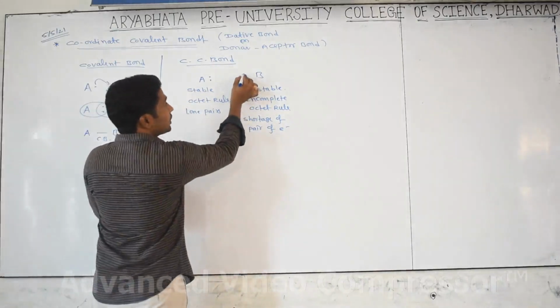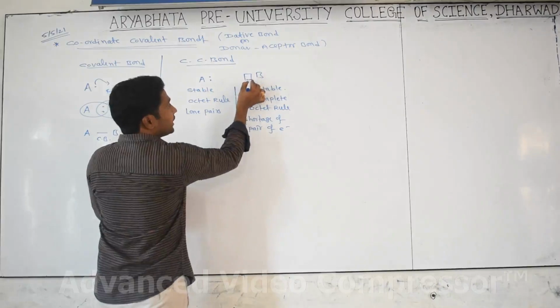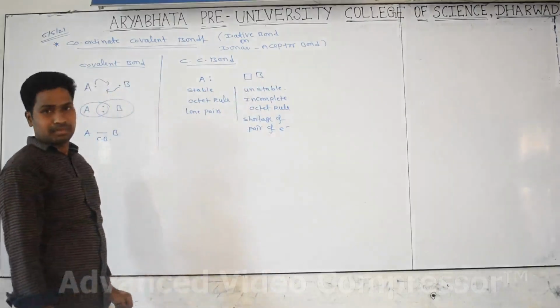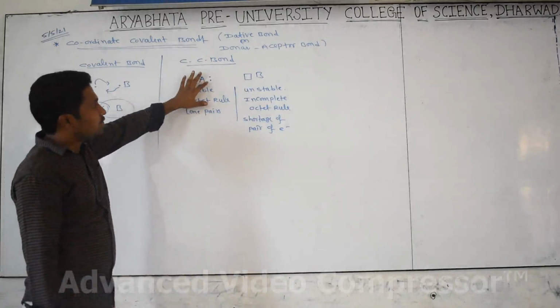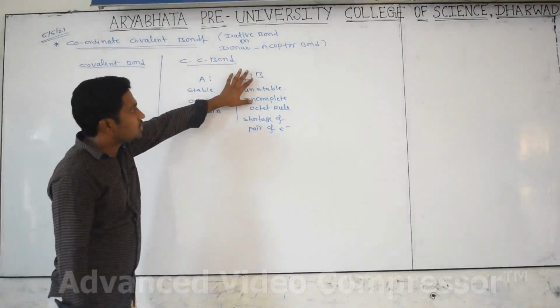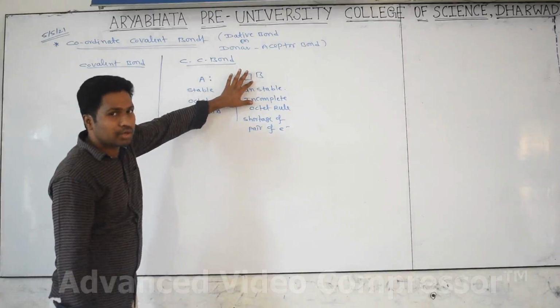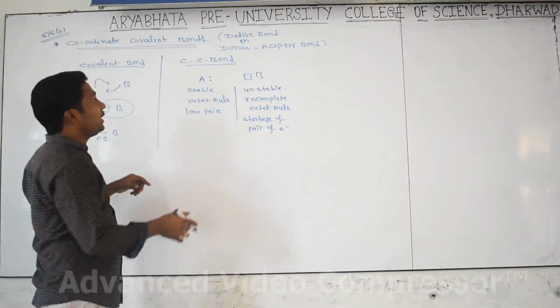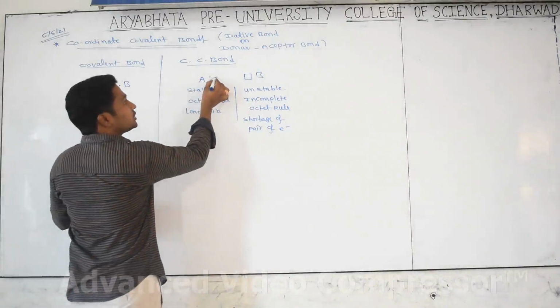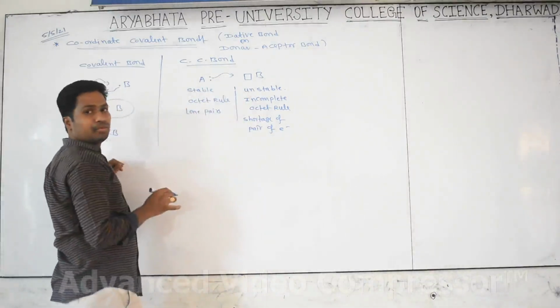It has a vacancy for attainment of the octet rule or stability. Now what is happening? This one is already stable and has a lone pair, and this one is not stable because of a two electron shortage. Then what happens? They come to an understanding and both electrons are contributed by the A atom only.